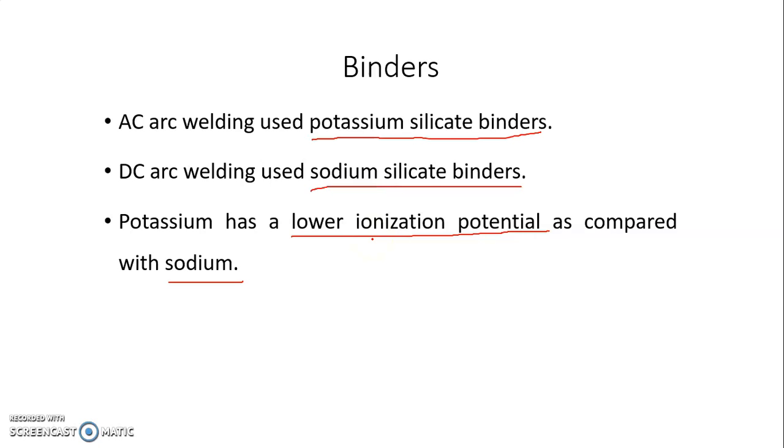The arc must reignite itself after every crossing of the zero current instant. Reignition requires a voltage higher than the normal arc voltage.